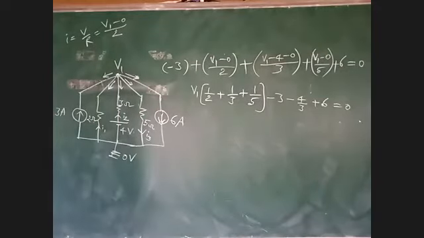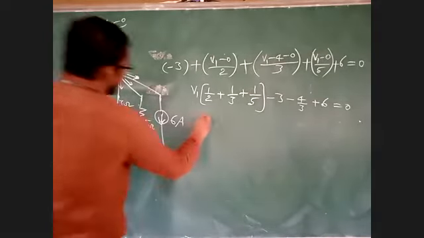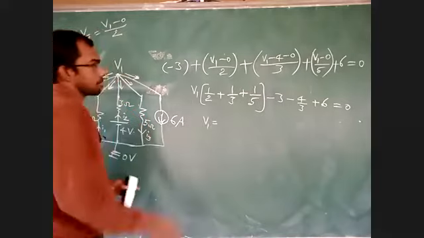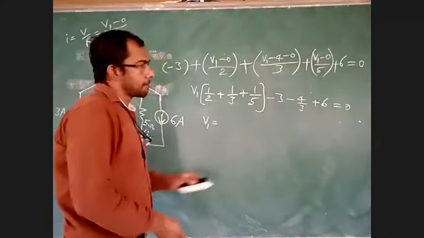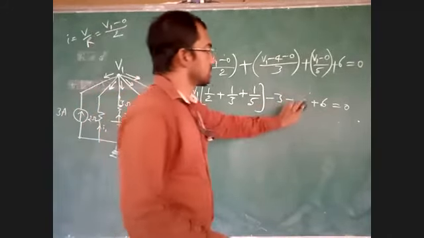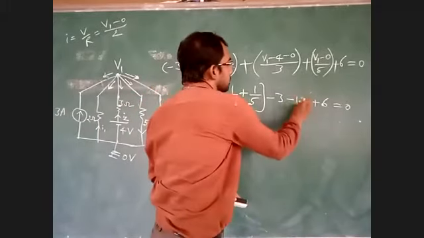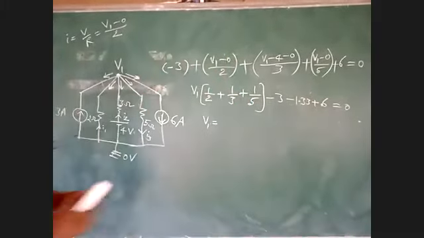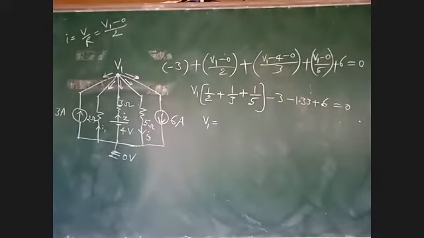Now simplify this, we'll get V1. 4 by 3 is 1.33. Now we'll get V1 if we simplify this node voltage.